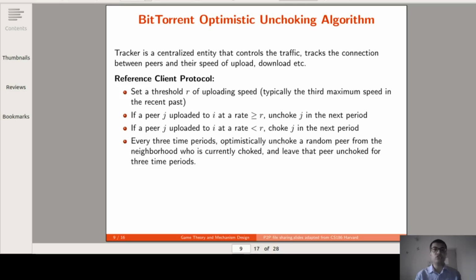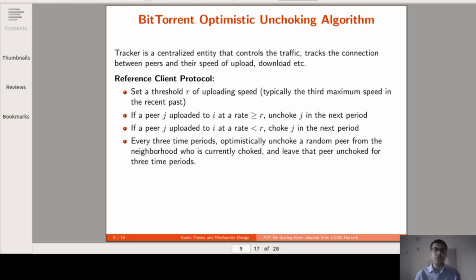But it also uses optimistic unchoking. For instance, if a peer has just entered this scenario, how does it get started? This particular protocol will have a starting problem. In order to circumvent that problem, it optimistically unchokes a random peer from the neighborhood who is currently choked, and leaves that peer unchoked for 3 time periods.